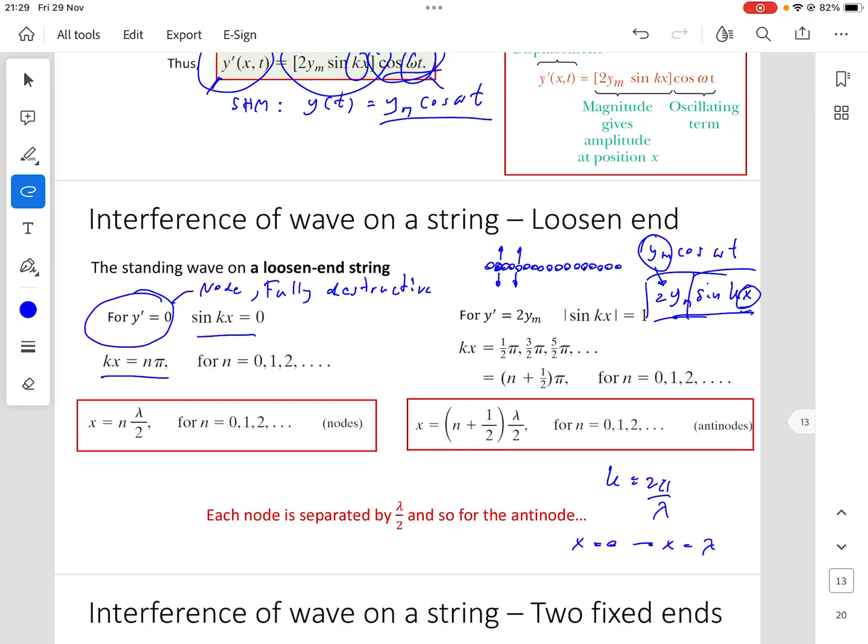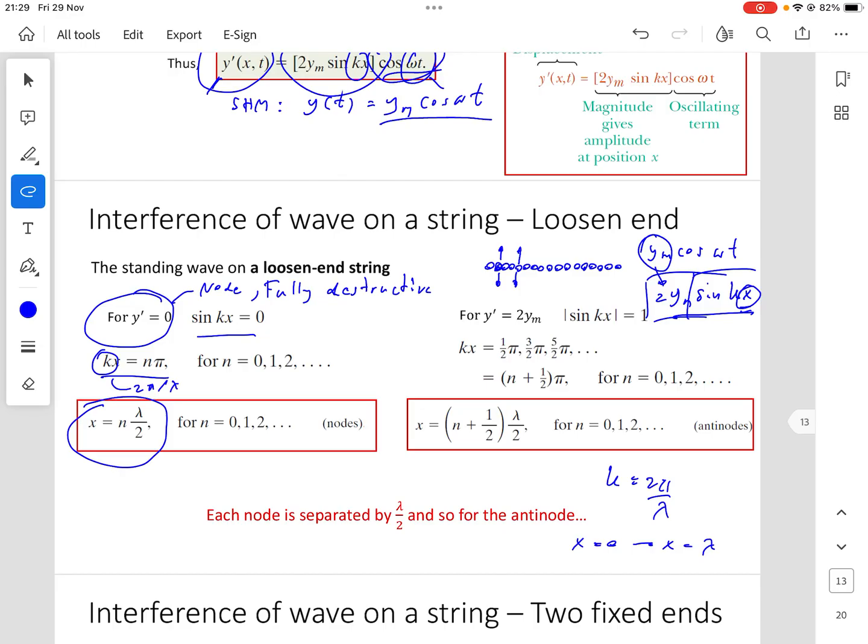Since k equals 2 pi divided by lambda, you can find x equals n lambda divided by 2, for n from 0, 1, 2, 3, and so on. That is the position of the node on the string, and this is called a standing wave.